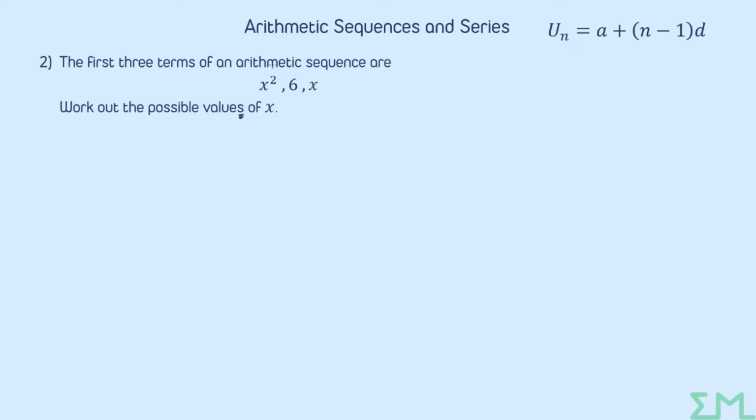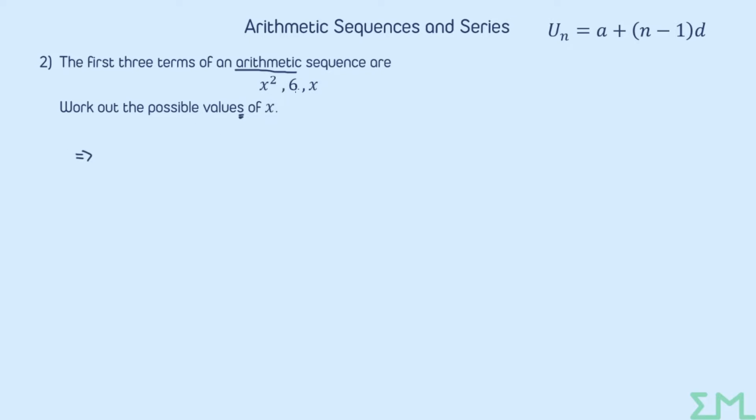Okay, the way to approach a question like this is to think, if I know that it's an arithmetic sequence, that means I know that there is a common difference between every pair of consecutive terms. That therefore means that I can write down the difference as an expression for the first 2 terms. I can write down the difference as an expression for the second and third term, and these 2 things must be equal because they have to have a common difference.